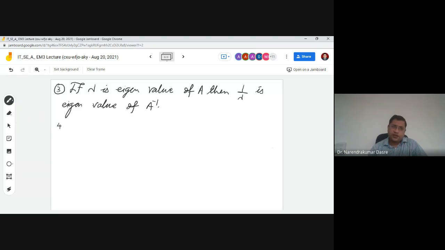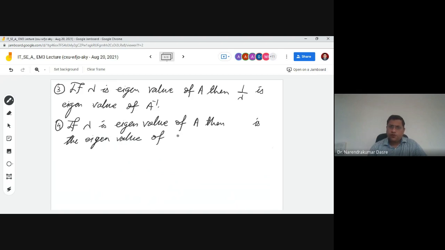So now next we think: if lambda is an eigenvalue of A, then I need to find the eigenvalue of the adjoint of A. Again we know the relation.